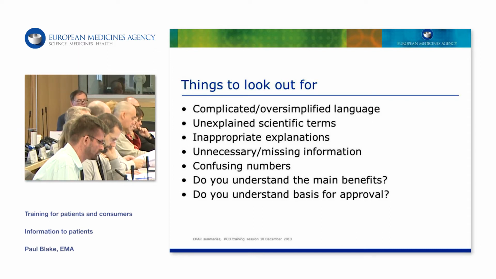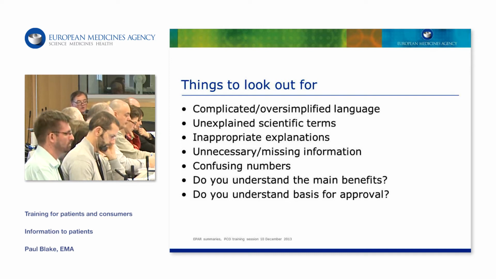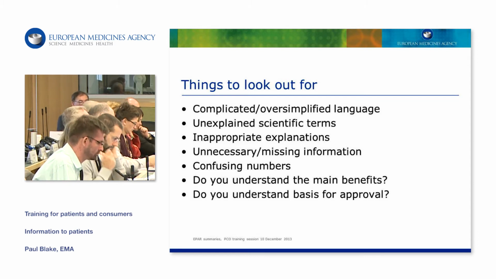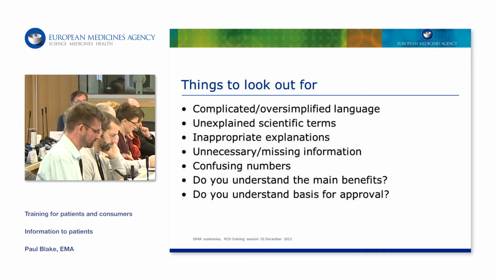Are the steps clear, or is something that should be there just completely missing? Where we give numbers for the studies, are those clearly explained, or do you just find them confusing? And particularly, have we done a good job of explaining what the main benefits of the medicine are? And do you therefore understand why the committee chose to approve it?